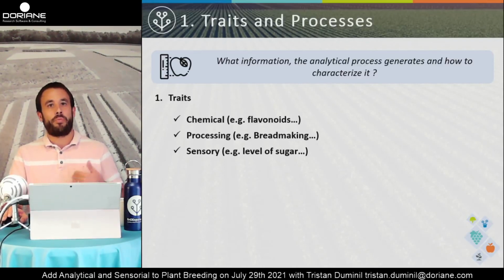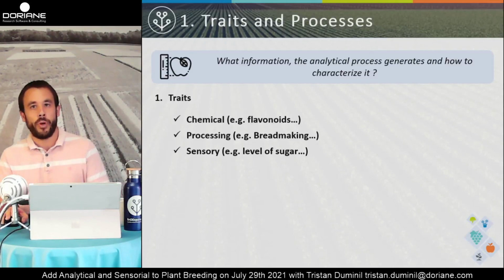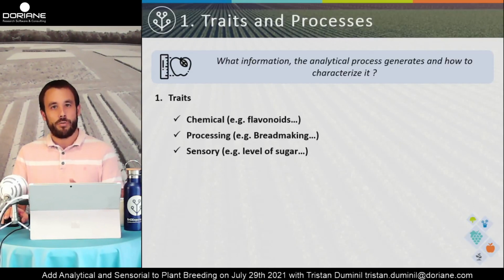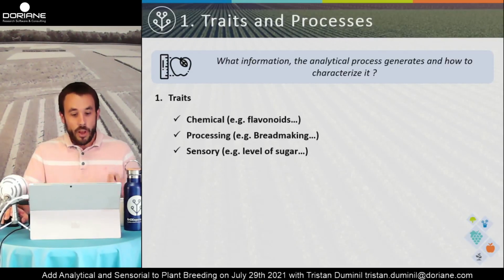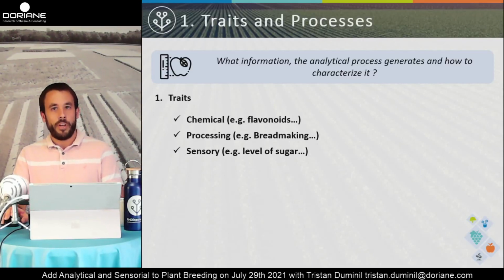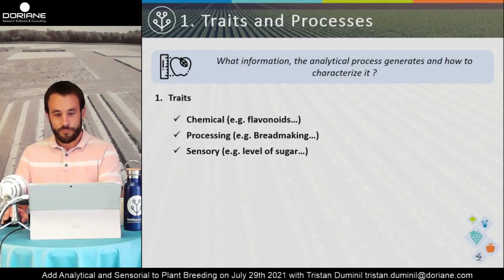We can speak about processing traits, for example, for wheat, the measurement of its capacity for bread making, or for vegetables, their capacities of conservation or cooking. The flavors and taste, for example, the sweetness of fruits or berries, and any consumer-based sensory characteristics.